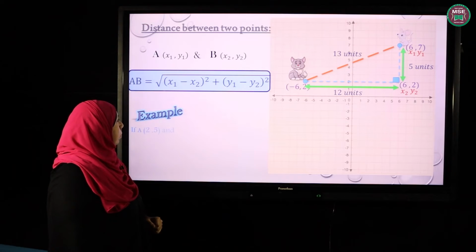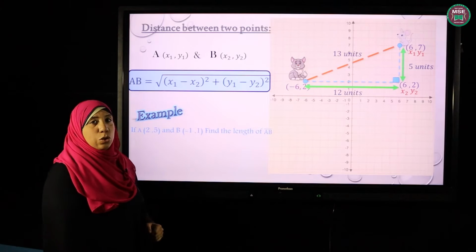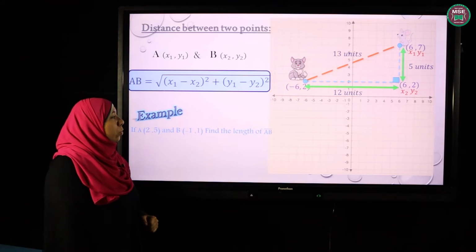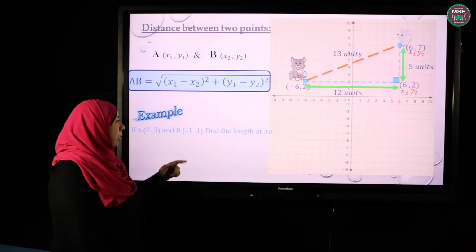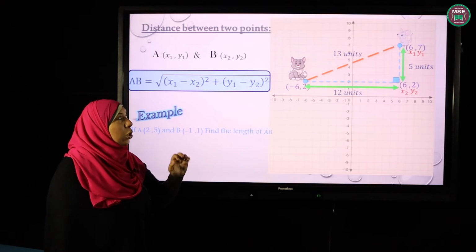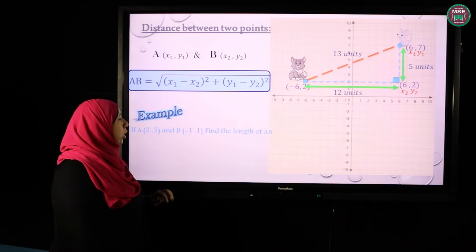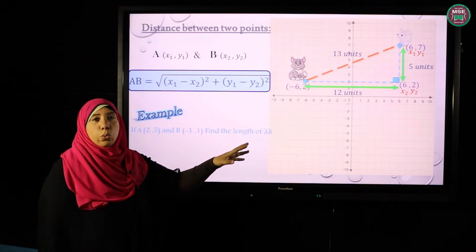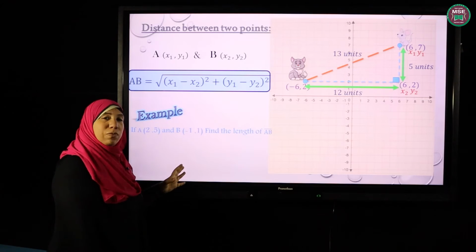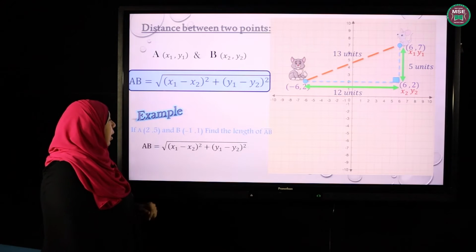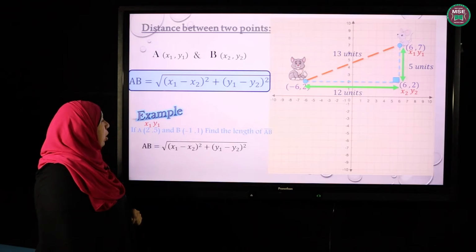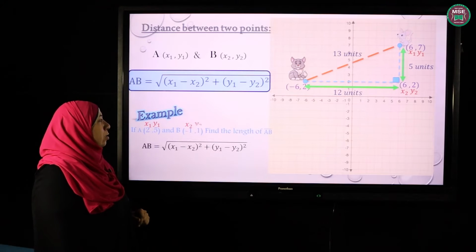For example, if I have A 2 and 5, B -1, 1, find the length of AB. If I have the line segment AB without the graph, it's not drawn, and I will not draw it every time. I can solve it this way without drawing. So I will consider that A is x1 and y1, and B is x2 and y2.